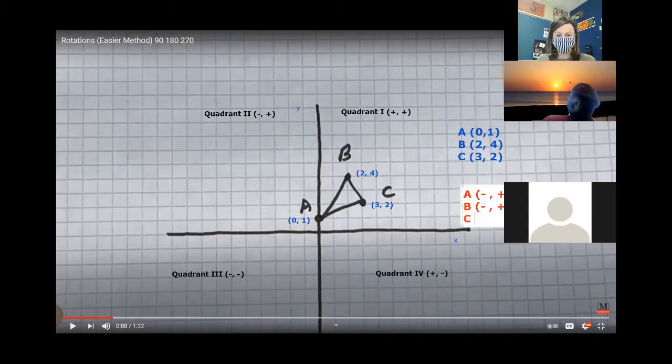C, negative, and then positive. So I know that's the case. So that's my second step. I have that taken care of. There's no issue. I know that has to happen.